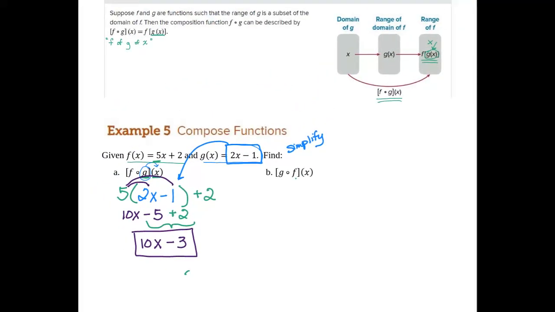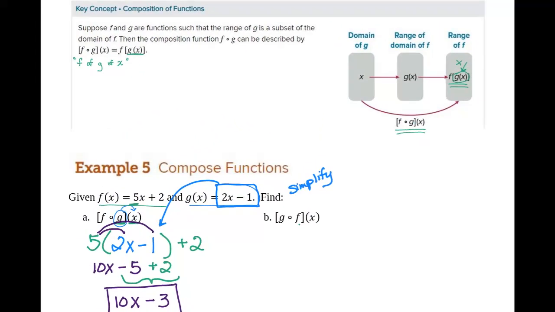So let me back up just a little bit and talk about this composition, because I feel like I kind of went over that quickly.